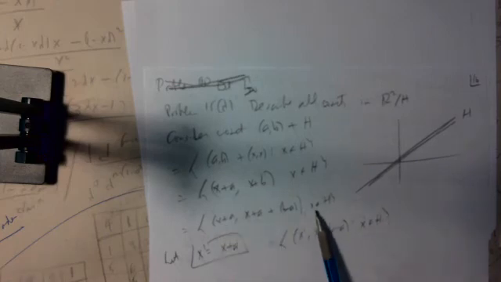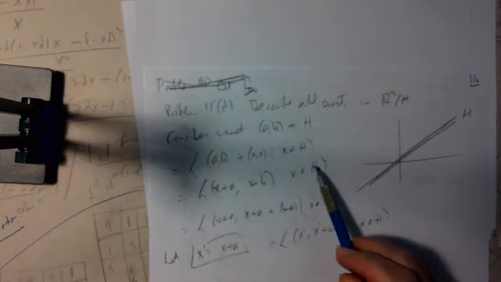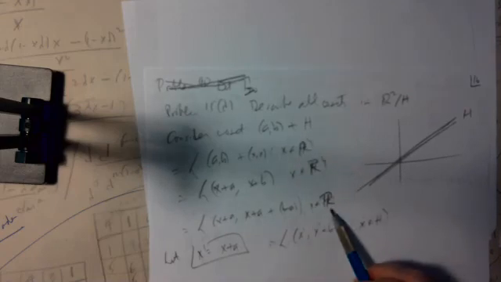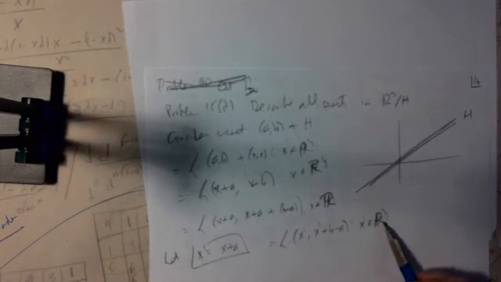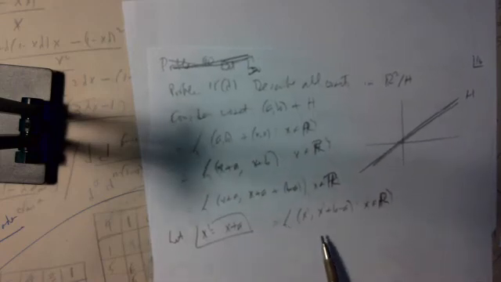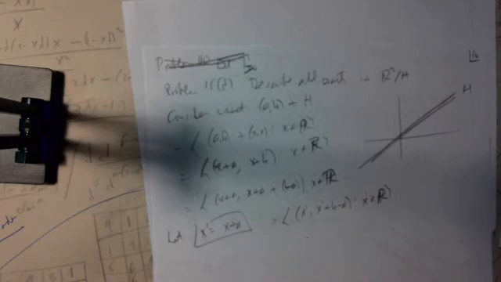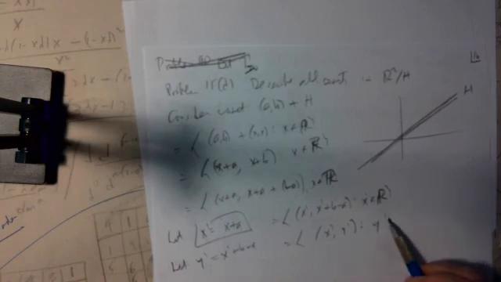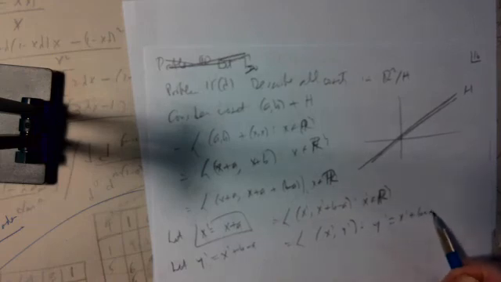Because as x runs through all real numbers in R, so does x prime, so does x plus a. If I let y prime be equal to x prime plus b minus a, this is the set of all numbers x prime, y prime, where y prime is x prime plus b minus a.